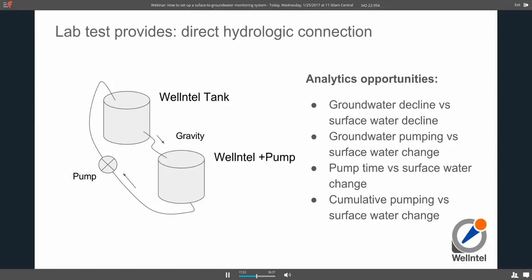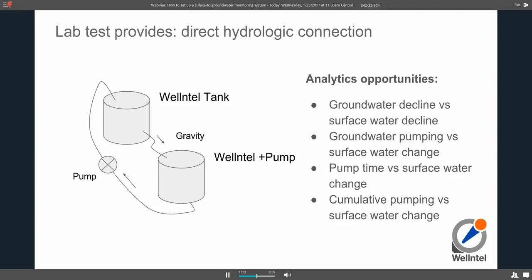And so there are a number of analytical opportunities just revealed by this concept. And the first is we could measure groundwater decline versus surface water decline. We can also measure groundwater pumping versus surface water change. It might be, however, in this case, and here's how it's directly backwards, groundwater pumping is heading right into our reservoir.